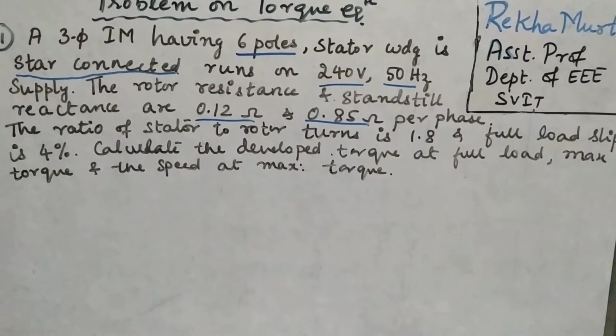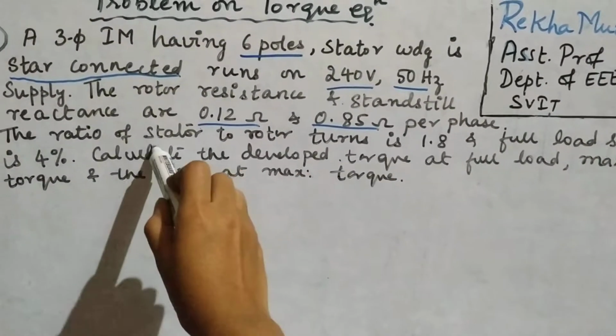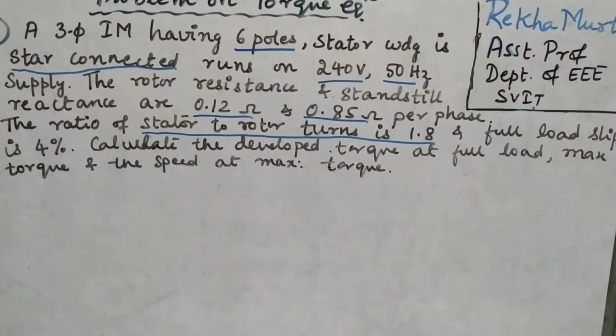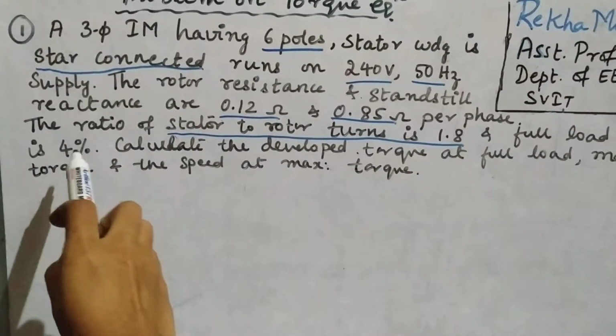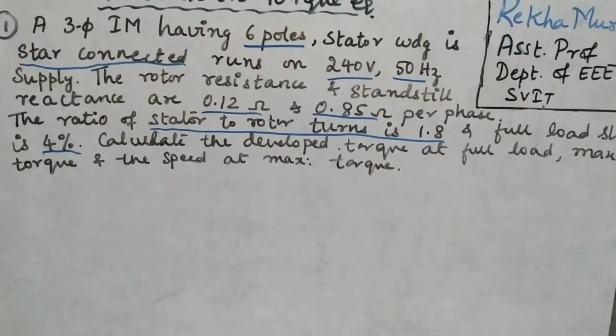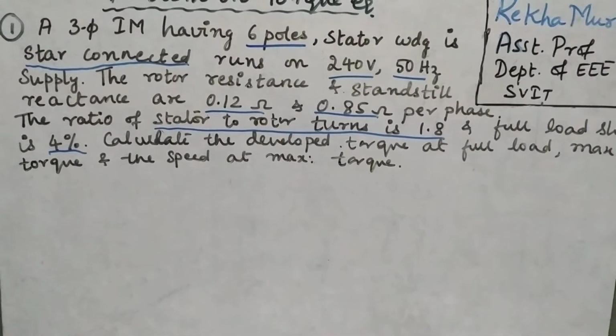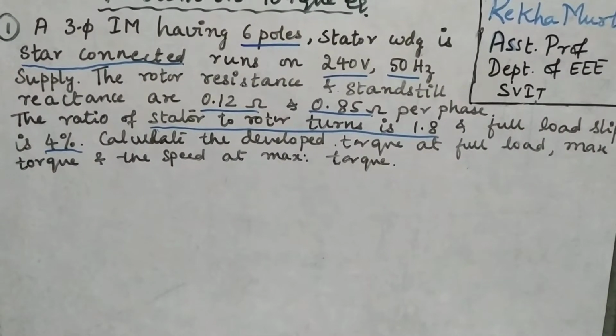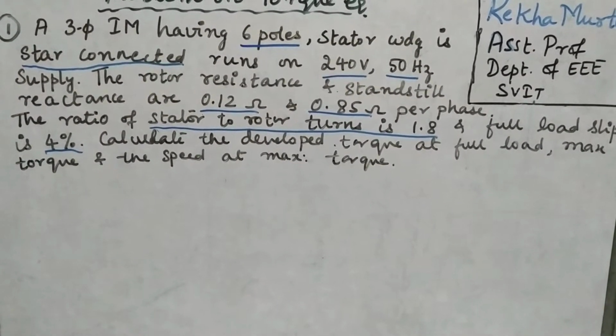The ratio of stator to rotor turns is 1.8 and the full load slip value is 4%. Calculate the developed torque at full load and also calculate the maximum torque and the speed at the maximum torque.